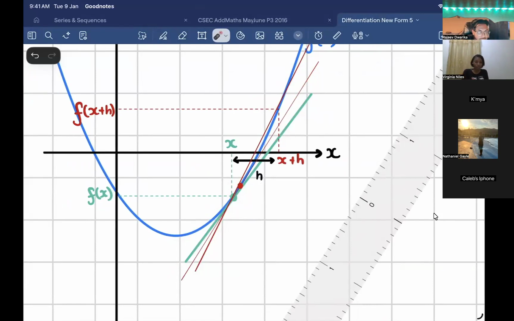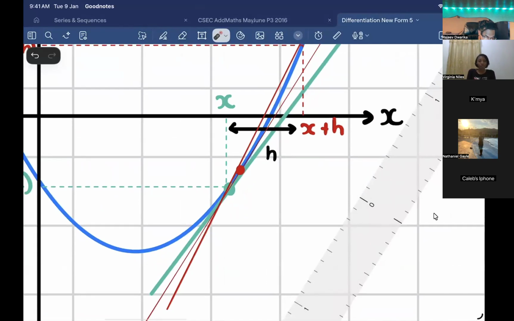If I eventually approach the green point, what would happen? You get the actual gradient. Yes, we'll get the actual gradient.